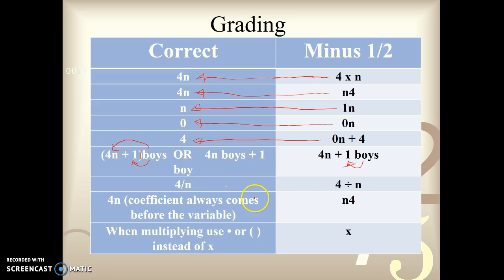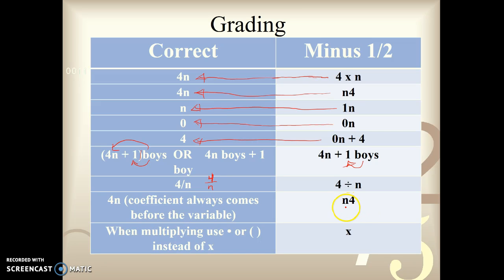Okay, so next one, remember our division. I told you we're not going to write 4 divided by n. We're going to write 4 over n. And I know that it looks like a floor/n. That's just computer talk for 4 divided by n, which looks like that normally. All right. In algebra, also, the coefficient always comes before the variable.